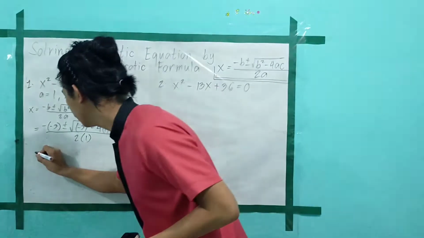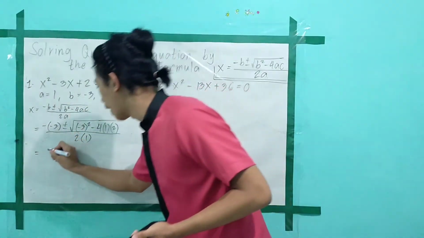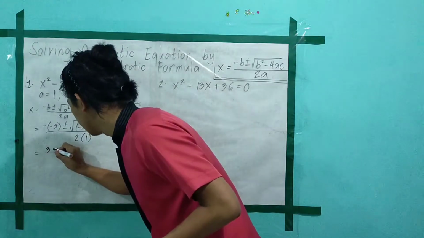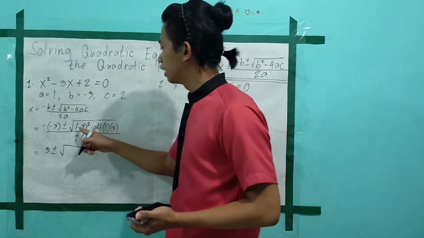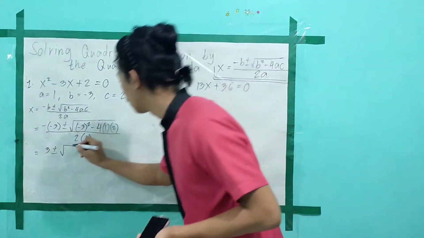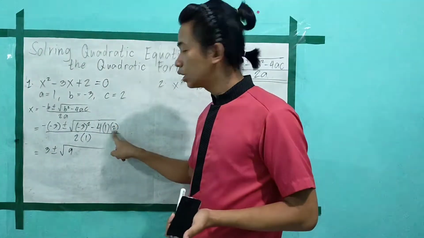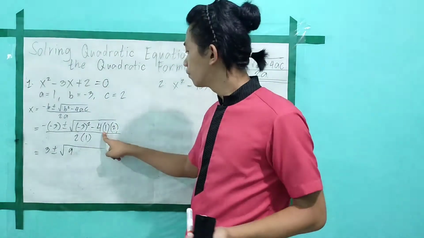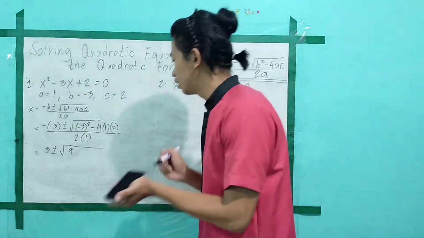Next, simplify natin. So, negative multiply by negative 3, we have positive 3. Plus, minus square root of negative 3 square. So, negative 3 multiply by negative 3, we have positive 9. Negative 4 multiply by 1, we have negative 4 multiplied by 2. So, we have negative 8.